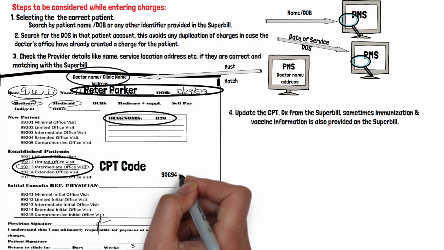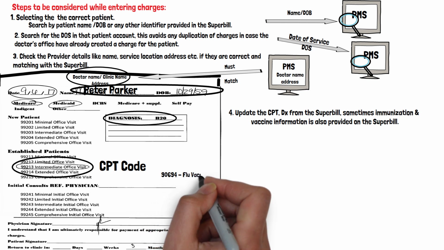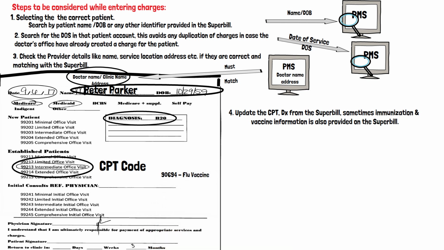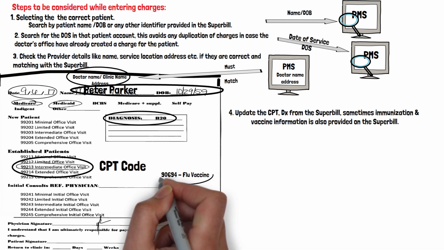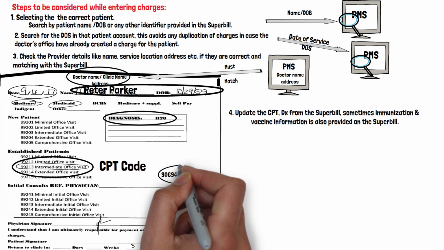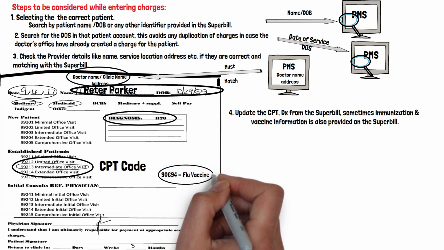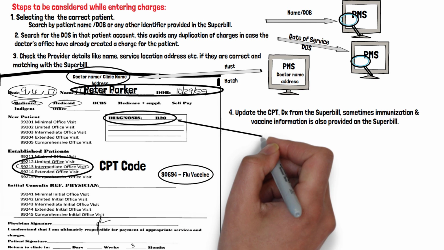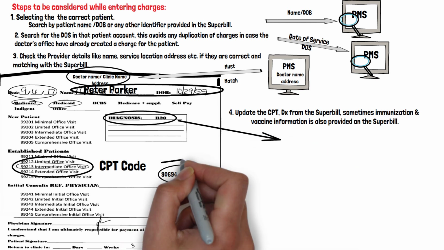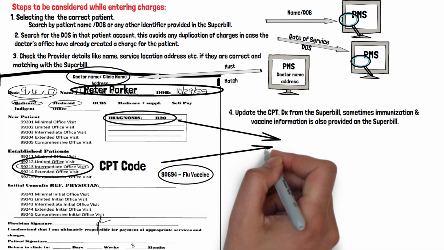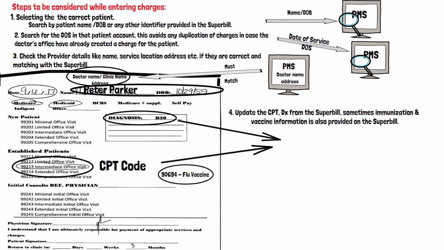Along with this, the doctor also mentioned 90694, which is the code for a flu vaccine. All these details must be entered into the PMS so that when we generate a claim, all these details will reflect on the claim form.